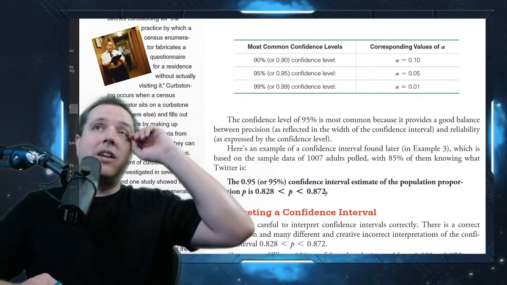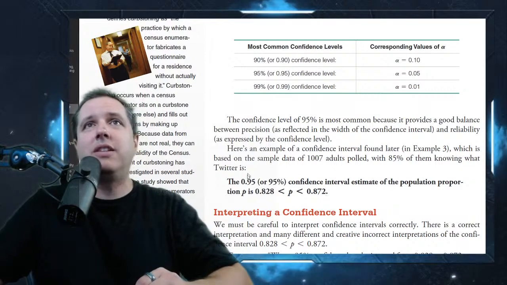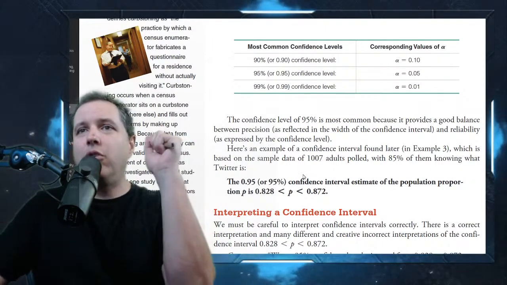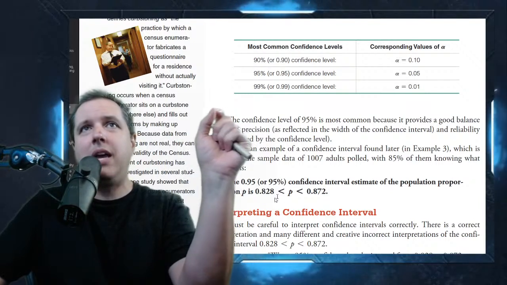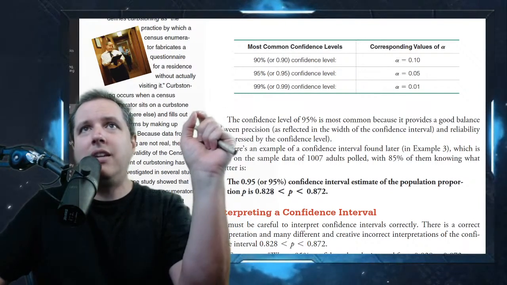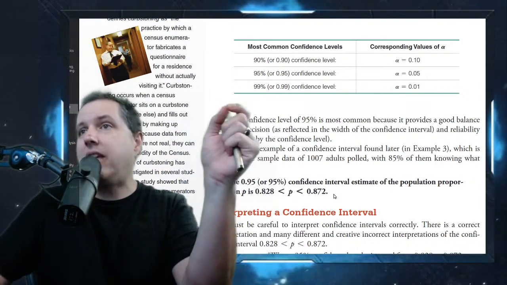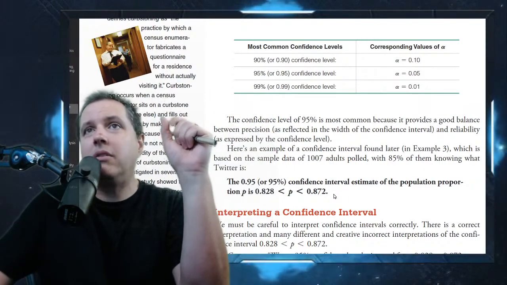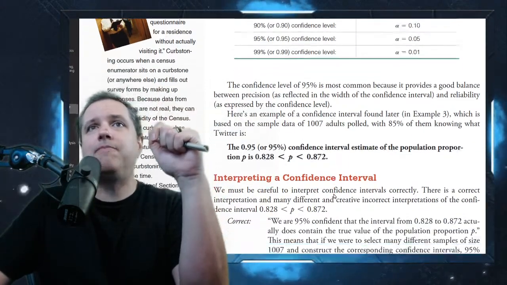So you can report back to your boss, or I could report back to Academic Senate and say, we think that the proportion of students who support a tobacco ban is between 82.8 and 87.2%. Okay, good. Then we can say, well, that's pretty overwhelming. I guess we're going to go with that.